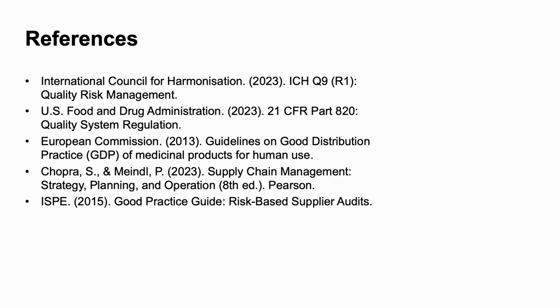Chopra and Meindl, 2023, a foundational text on supply chain strategy and operations, useful for understanding inventory, sourcing, and risk pooling concepts that inform pharmaceutical resilience design and service level choices. ISPE Good Practice Guide, Risk-Based Supplier Audits, a practical guide to scoping, executing, and following up on audits proportionate to supplier criticality and performance, with templates and examples aligned to industry practices.